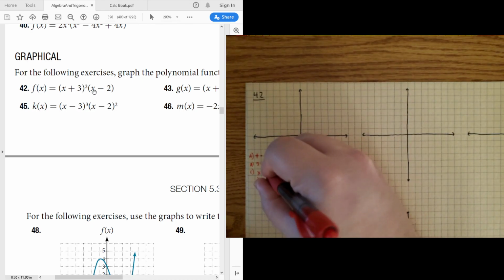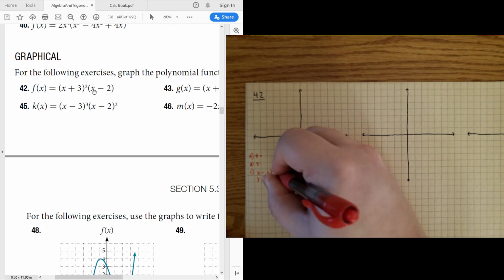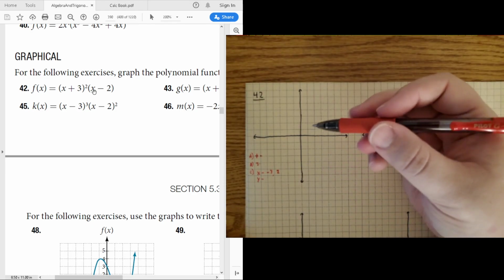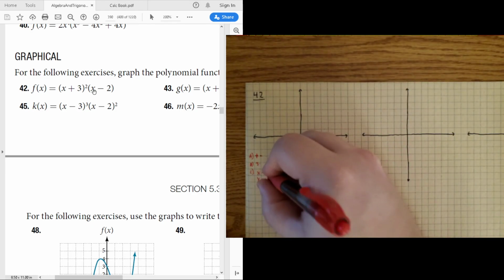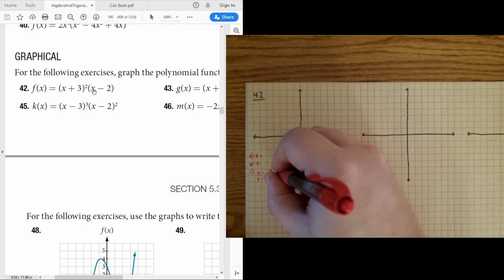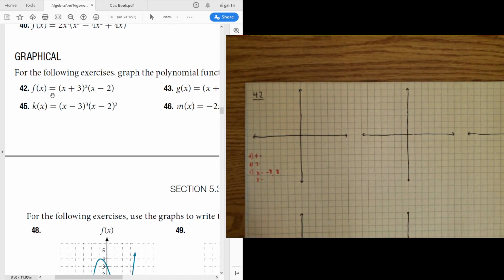When I do, I get a negative 3 and a positive 2 for my x-intercepts. That comes from, in this function, if I solve this first piece, I would get x plus 3 equals 0. Subtract 3 from both sides to get x equals negative 3. We take the second piece, set equal to 0, and this is all reviewed from last time. Remember, last time was about finding intercepts. We take each piece, set it equal to 0, and solve. Negative 3, positive 2, done.